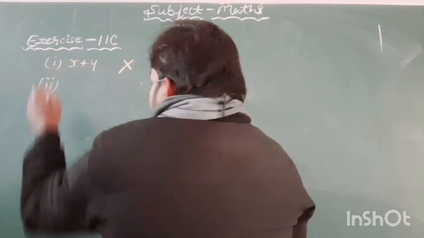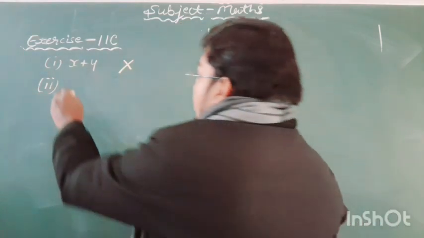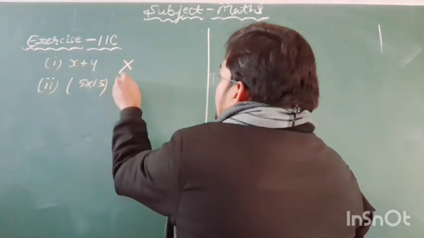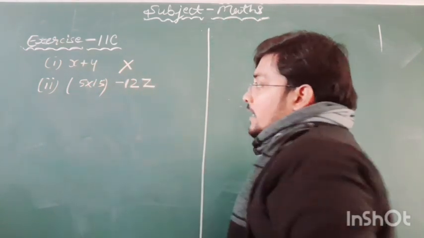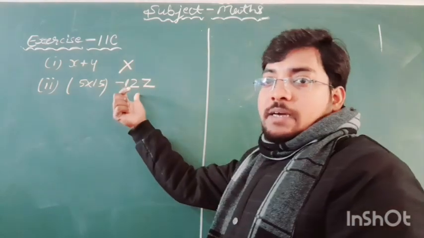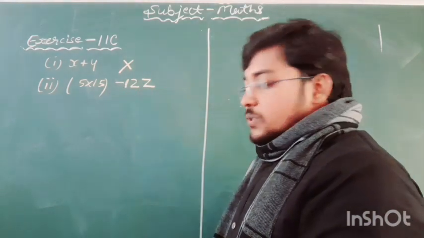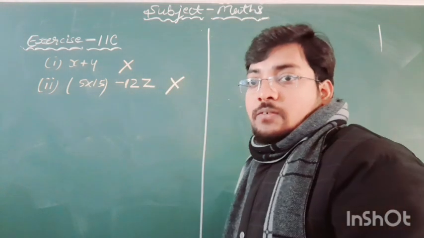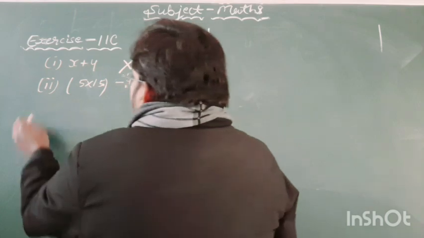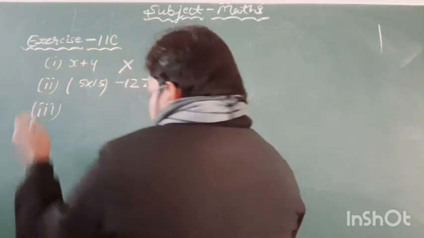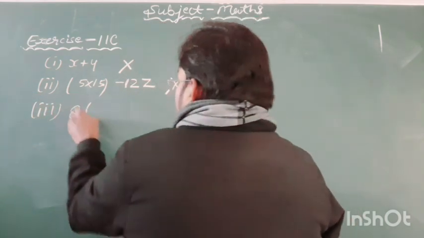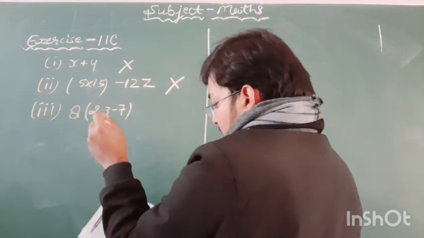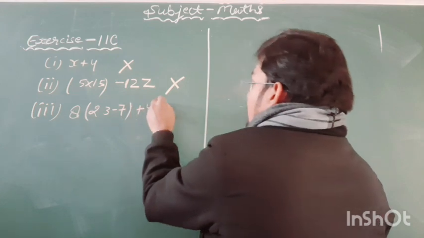And second is 5 into (15 minus 12z), and in this expression also a variable is present, which is z, so it is not an expression of only numbers. And third is 8 in round bracket (23 minus 7) plus 4 into 5.